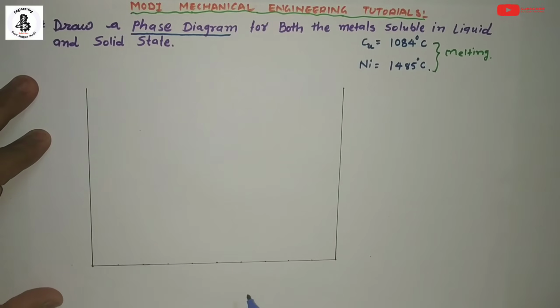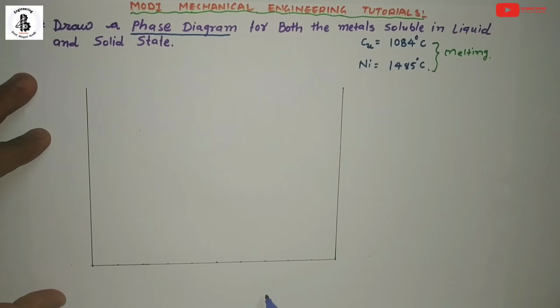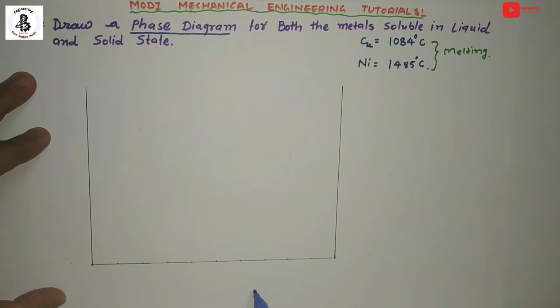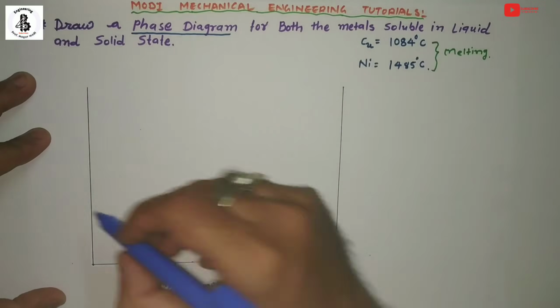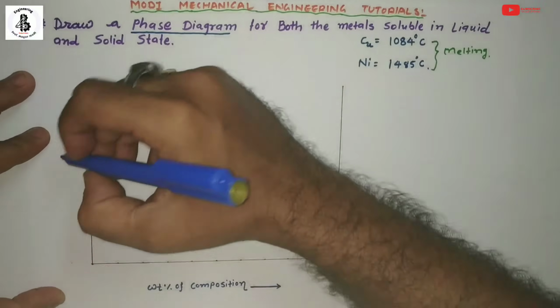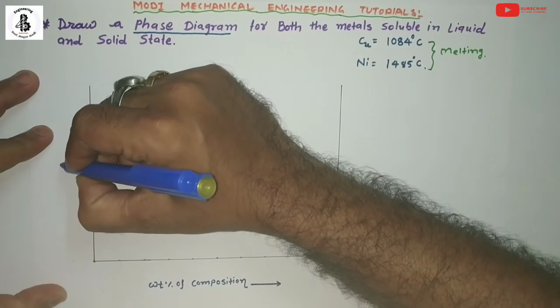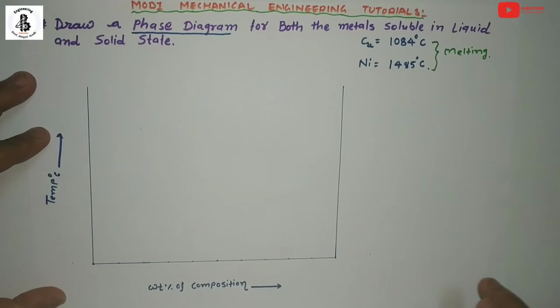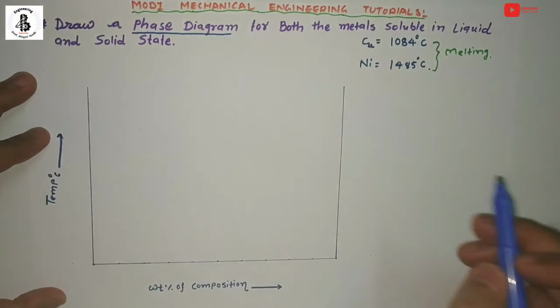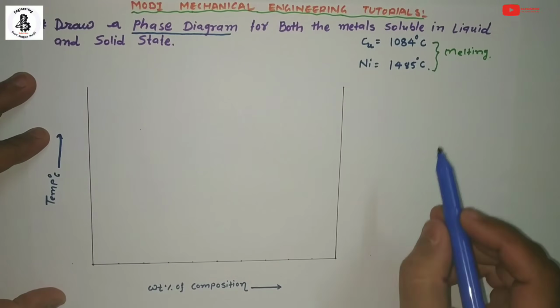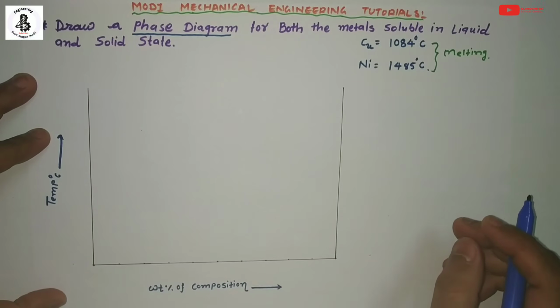Here the x-axis is the weight percentage of composition. The y-axis is the temperature in degree centigrade. Here I would like to draw that particular phase diagram for the copper nickel system.